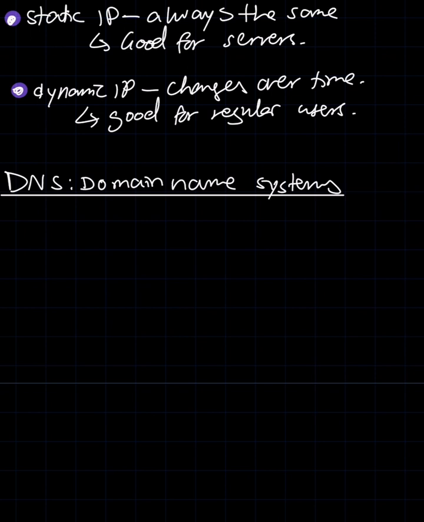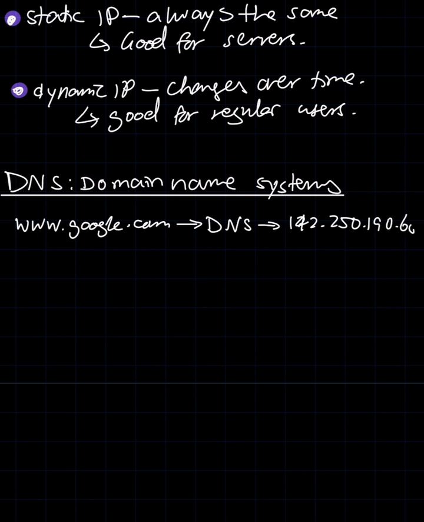That's where DNS, the domain name system, comes in. And then DNS comes in here, and then gives the IP address. This is a random one. So, DNS translates the domain names into IP addresses, like a phone book for the internet.